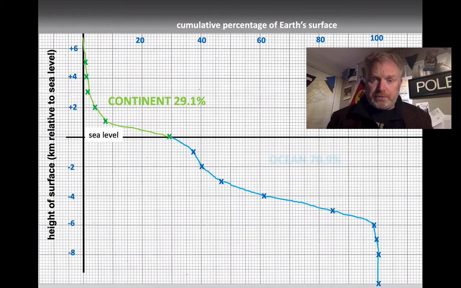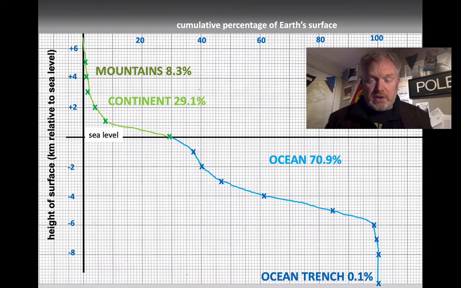The oceans, 70.9%. The mountains, the areas above a kilometre, are about 8.3%. And the ocean trenches, the deepest part of the ocean, maybe only 0.1%.